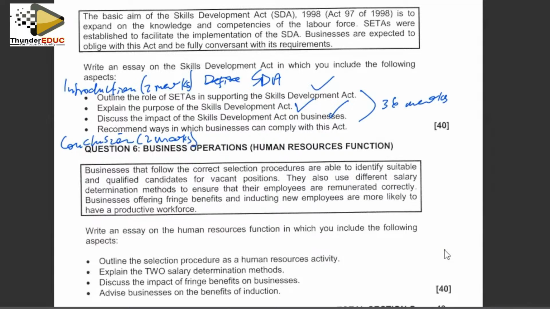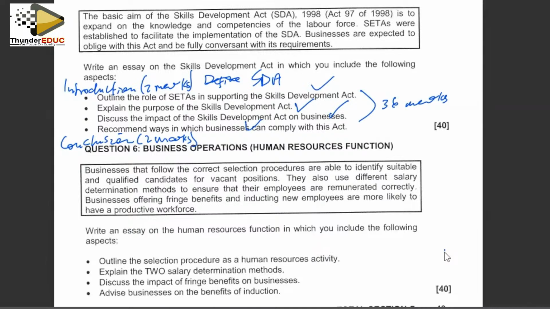Okay, right. So now, grade 12s, let's check ways in which businesses can comply with the Skills Development Act. One of the ways is that employers who collect pay as you earn should register with SETAs.